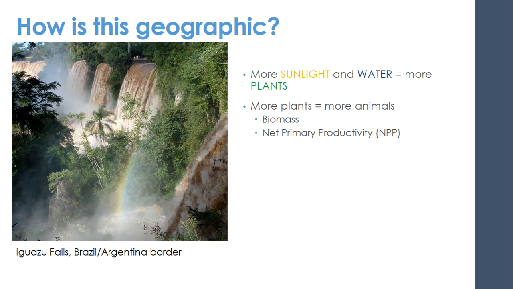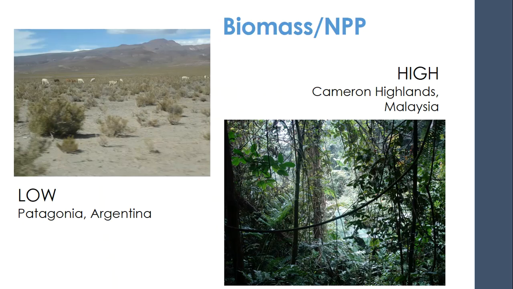And so we can look at different biomes and climates, and some of them are going to have lots and lots of biomass, more sunlight, more water. If you think about this, where are most rainforests? They're near the equator where it's getting the most amount of sunlight. So again, we talk about biomass and net primary productivity. Here's a picture in Patagonia, Argentina.